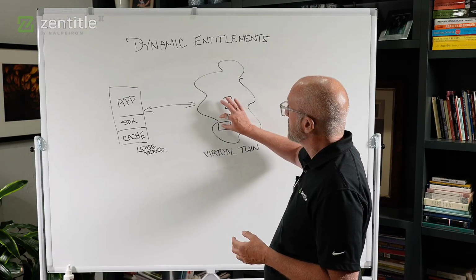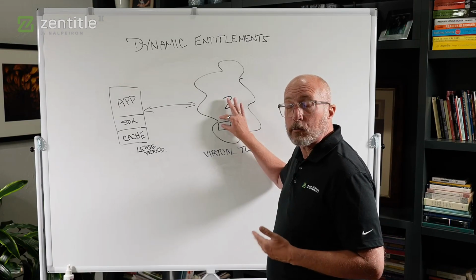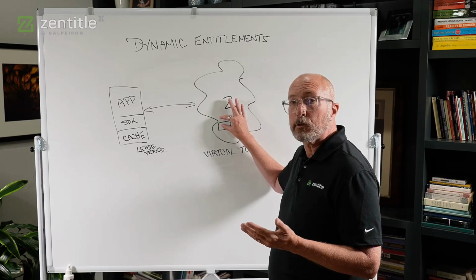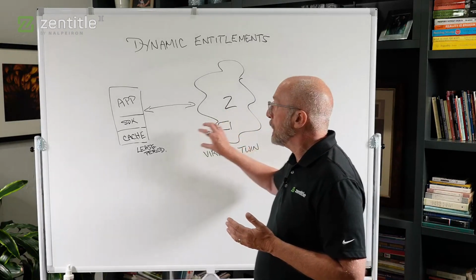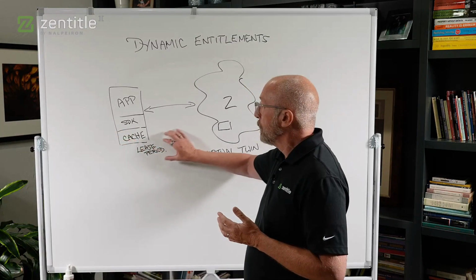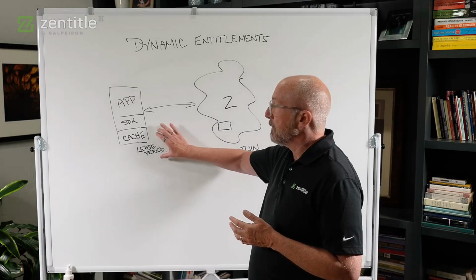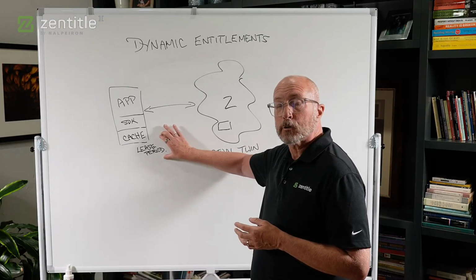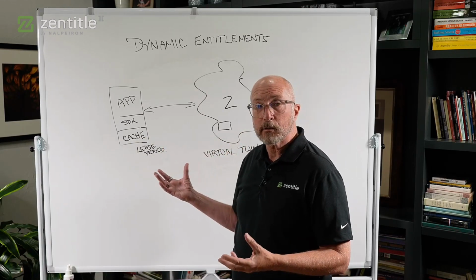Well, you can disable that entitlement in the cloud or restrict it down to a free version or whatever policy you choose to implement, and know that whatever changes you've made here must, by nature, propagate down into that cached environment within whatever time frame you've set against that lease period. So that gives you full ongoing remote control against that entitlement, which is why we call them dynamic entitlements.